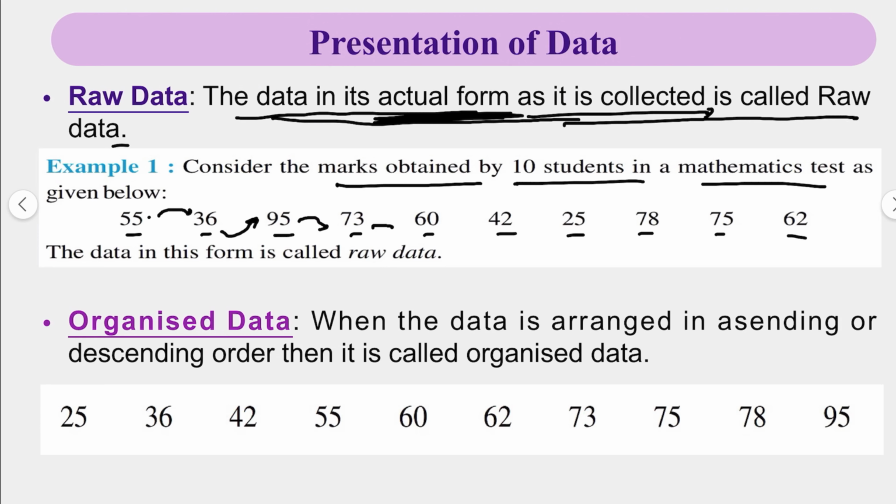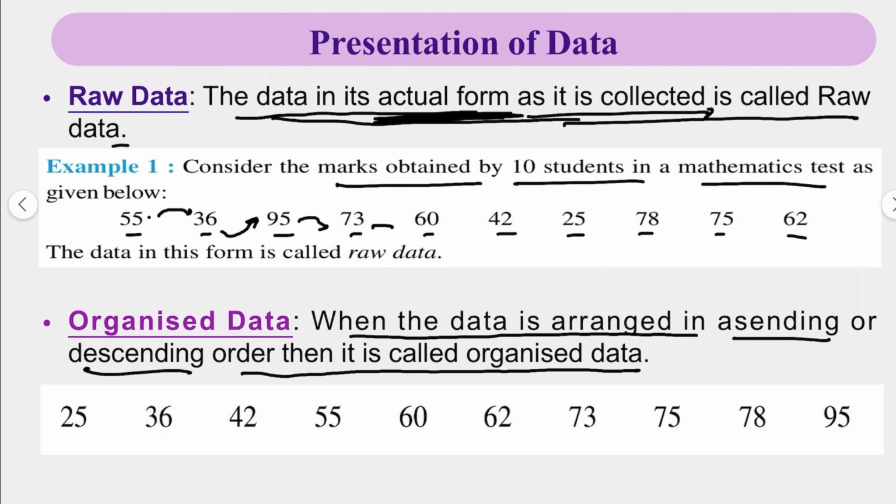So what we do now is arrange this data either in increasing order or decreasing order, so that it can be understood easily. When the data is arranged in ascending, meaning increasing order, or descending, meaning decreasing order, it is called organized data.